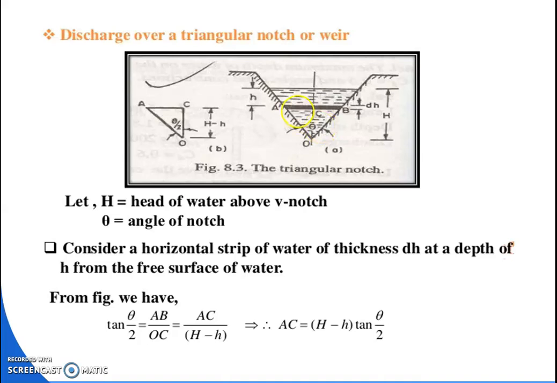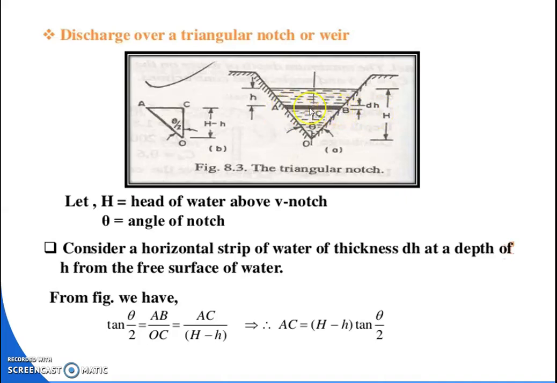In order to find the total discharge through the triangular notch, we have to convert the total depth of water H into a number of small strips. We are converting the total depth of water into small strips of equal division having thickness dh and length AB.